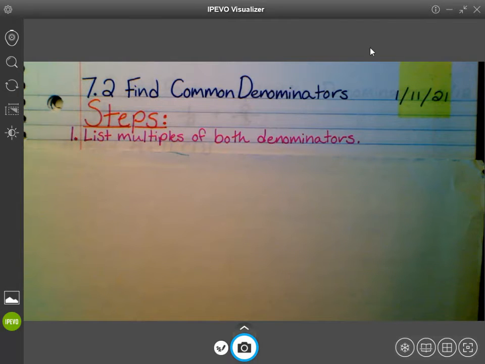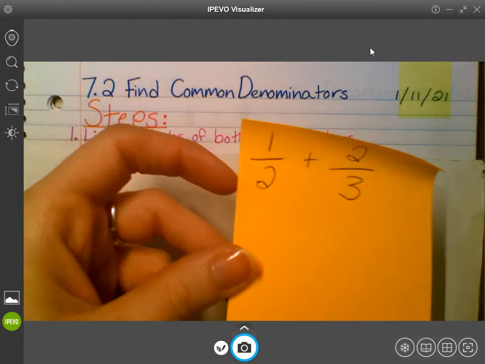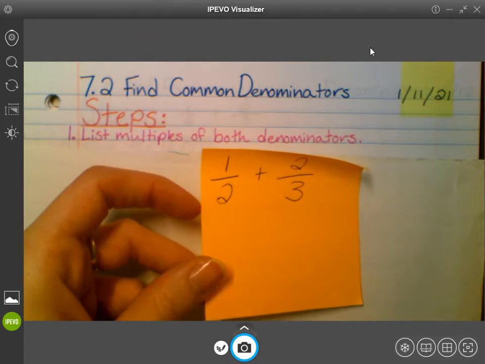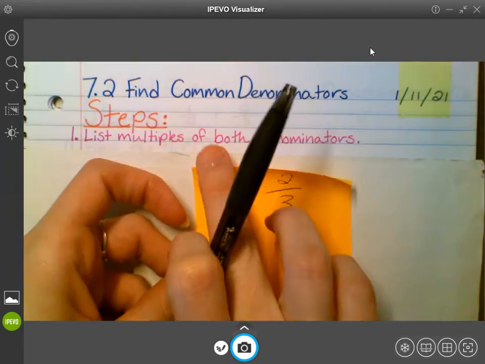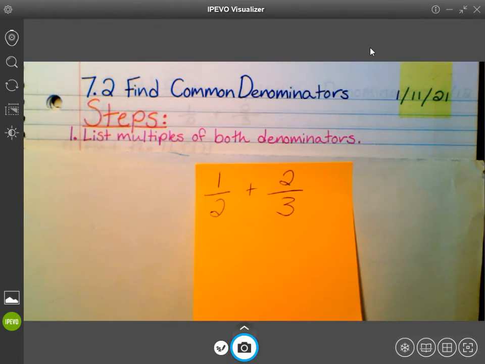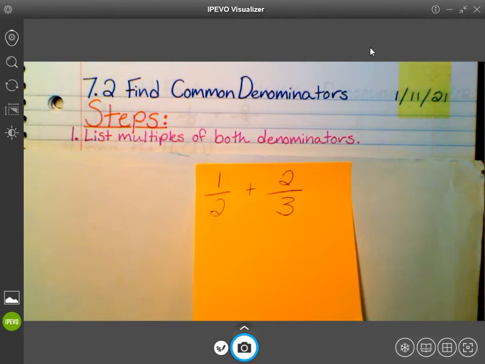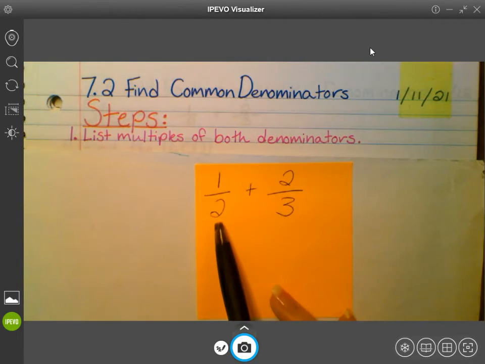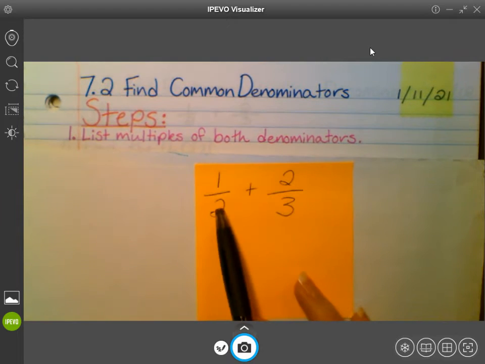So 5th grade, we have to find common denominators when we are adding or subtracting fractions. So if I have, for example, 1/2 and 2/3, and I want to add them. Right now, I cannot add them because if we look at their denominators, do they have the same denominator?